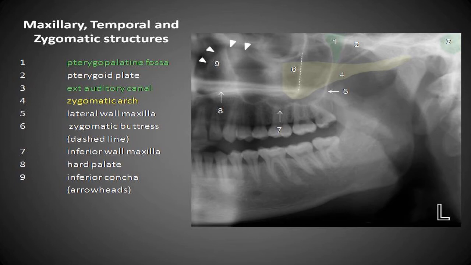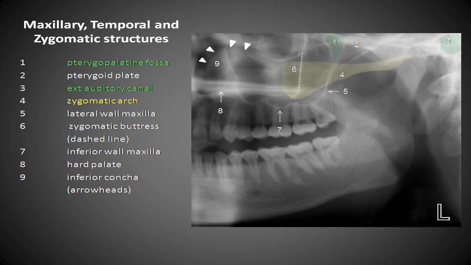What we have to understand here is when it comes to the maxilla, there are too many overlapping structures. Although we are trying to bring the maxilla into focus, our main key interest or the critical structure for us is going to be the maxillary arch, but there are other structures in close relation to it, like what we see here on the picture, the lateral wall of the maxilla, the inferior wall of the maxilla, the inferior concha, the zygomatic arch, so there is going to be too much overlapping.